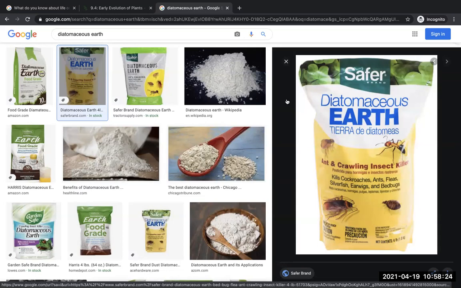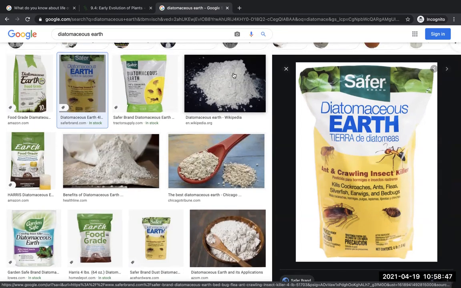It has really, really tiny sharp things in it. If you put it under the microscope, you'll be able to see that. Those sharp things chew up the legs of the insects, so you can just sprinkle this and it's going to kill all the insects. And that's because, as I already said, silica is the same thing glass is made out of.